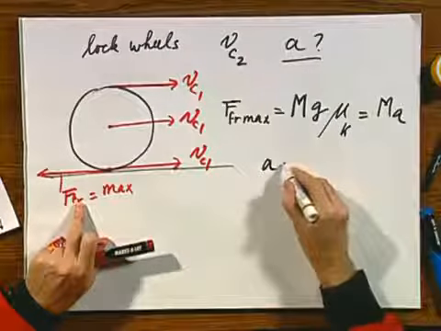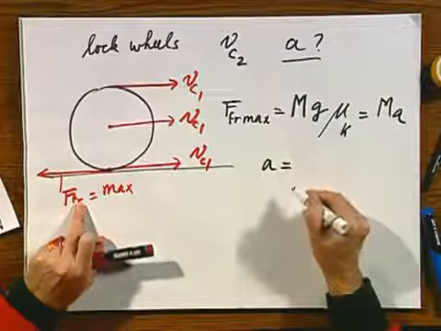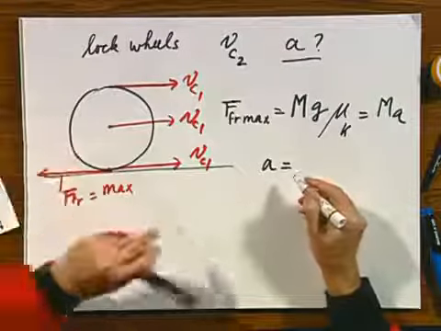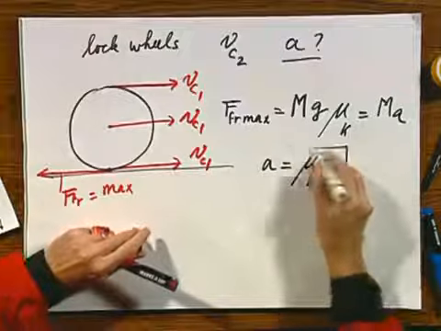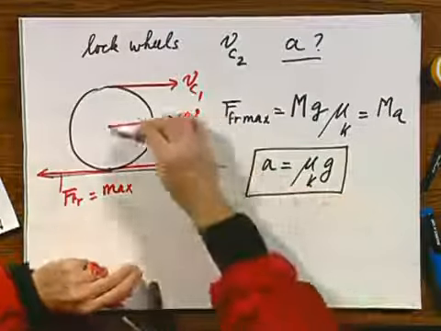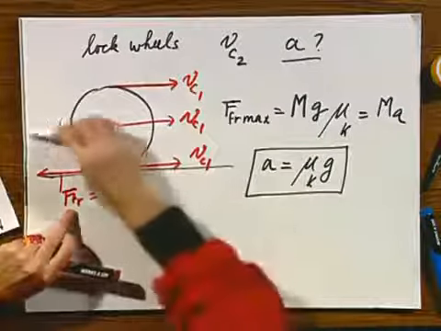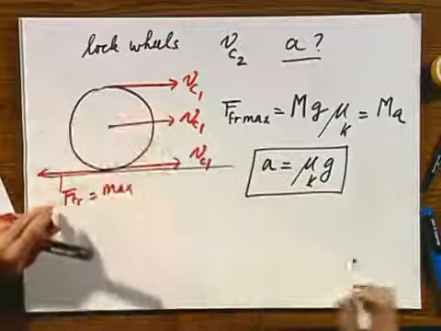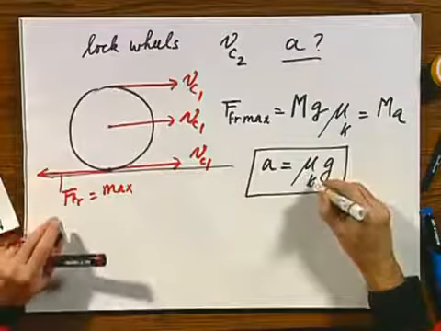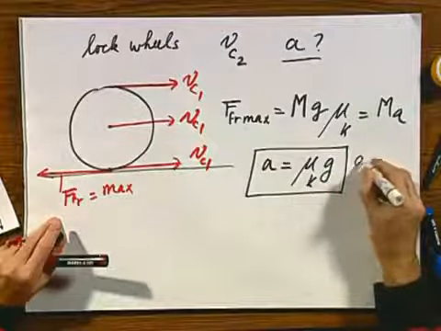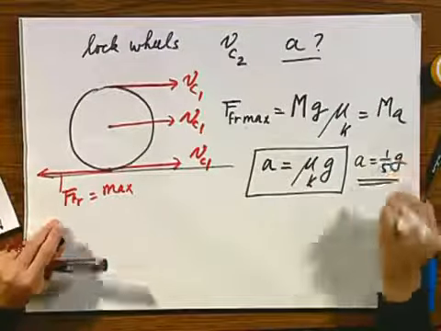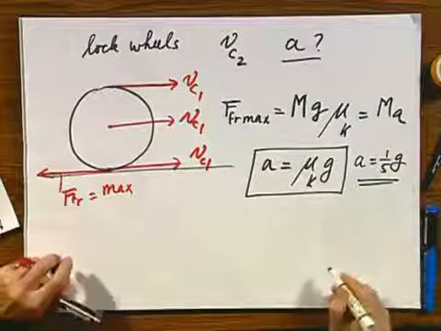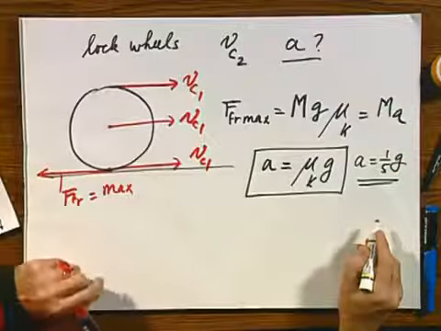And so you find immediately that the acceleration, in this case the deceleration, equals mu k times g. So the car experiences an acceleration in the same direction as the frictional force. It's slowed down. If you take mu k as 2/10, then you would get a equals 1/5 g. It's a substantial deceleration.